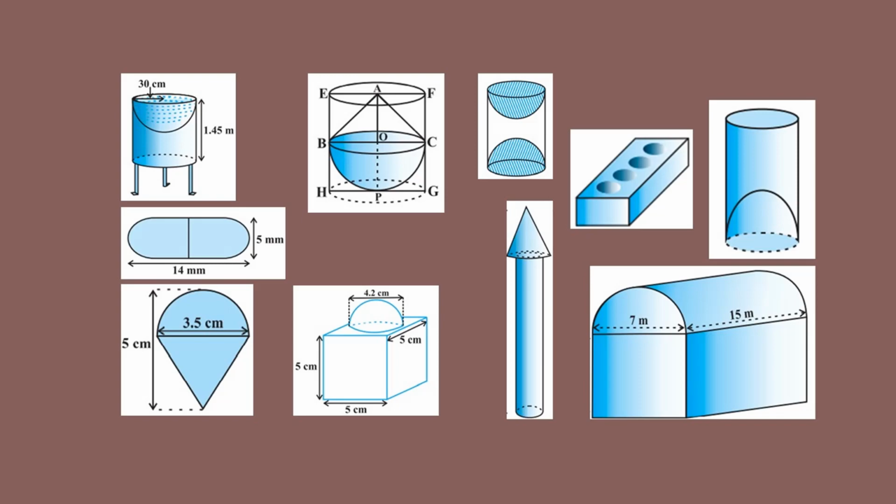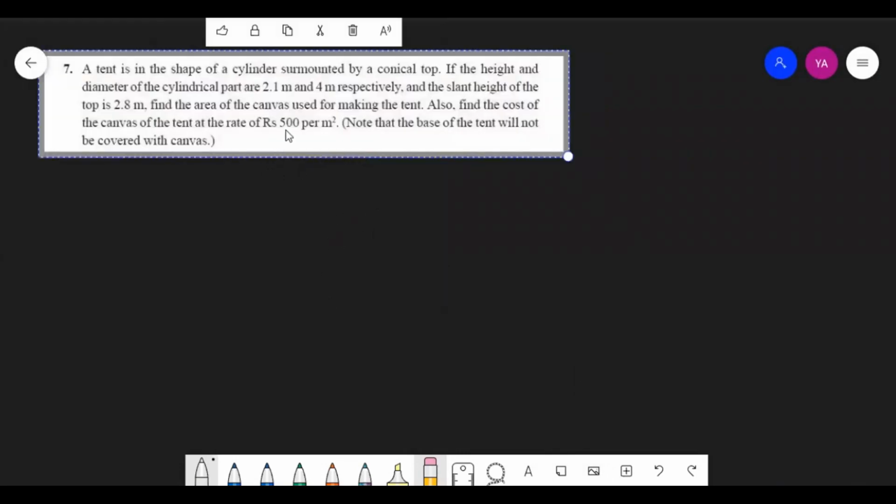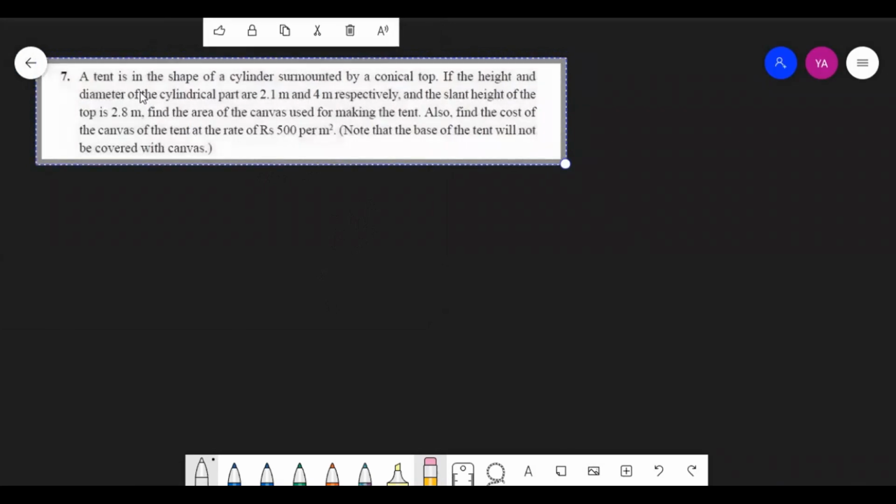Okay, I shall share my screen. I will take a question here, exercise number 7. The question is like this: a tent is in the shape of a cylinder surmounted by a conical top.